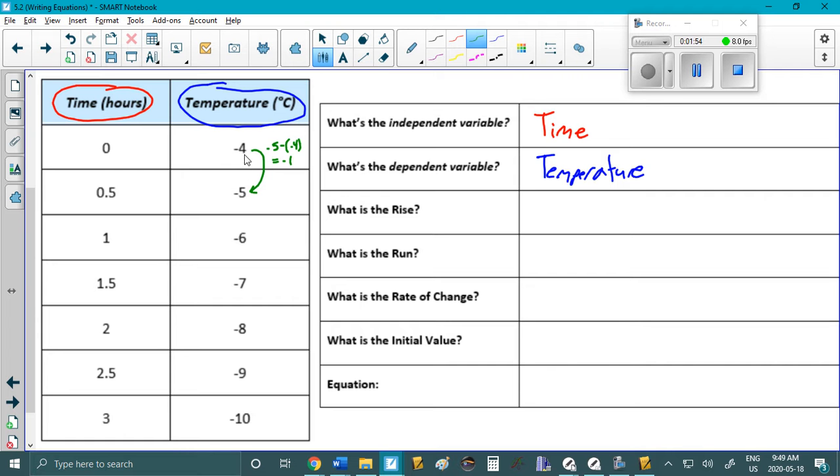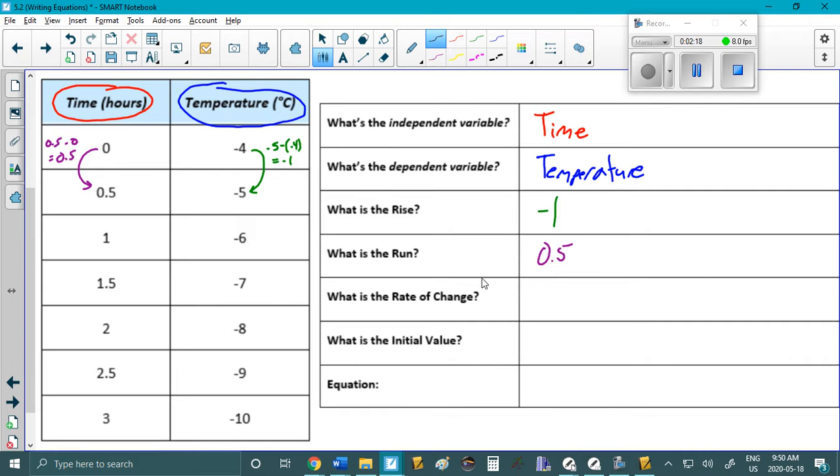In this case, you're going down by 1, so the rise is -1. And for the run, we do the same thing, but we do it with the x values, or the values of the independent variable. We take the number below, 0.5, and we subtract the number above. And in this case, we get 0.5. Okay, so the run is 0.5.